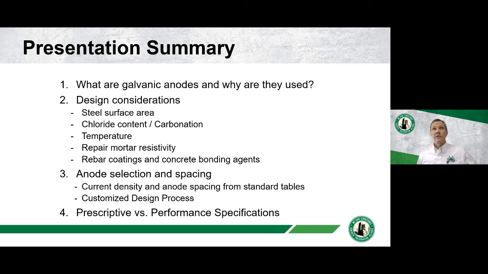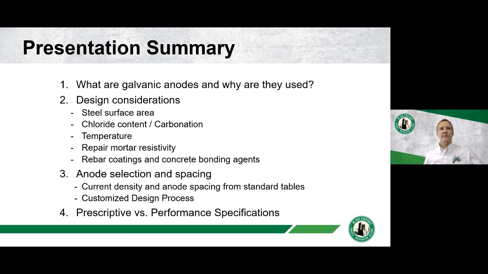I would like to cover 4 main points in this 1-hour webinar. First is just a quick overview in terms of what are galvanic anodes and why are they used. That helps set the stage. The main 2 parts are going to be talking about design considerations and anode selection and spacing and how we get to those recommendations.